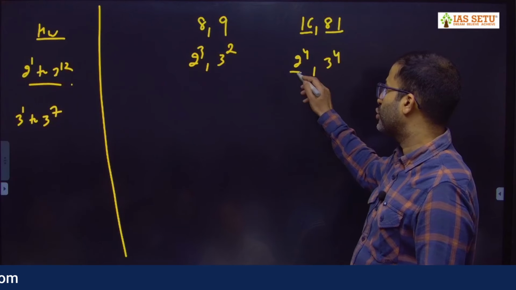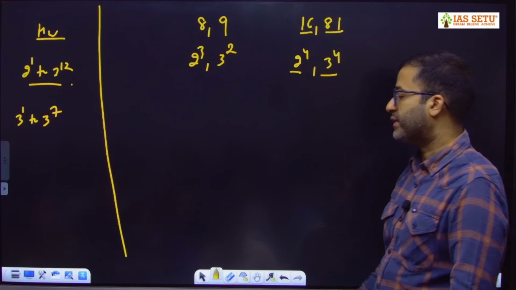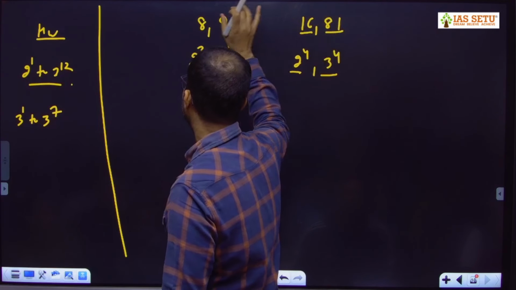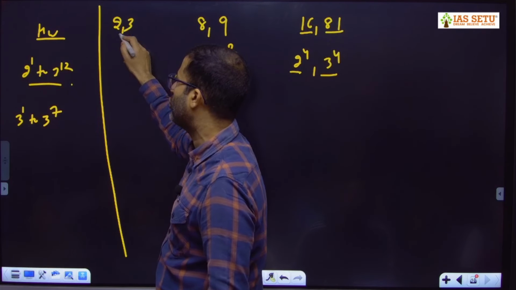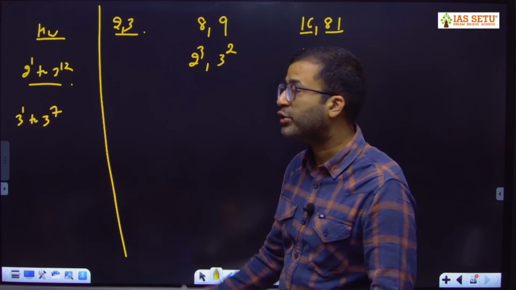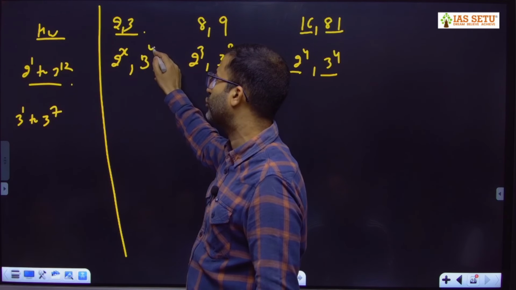So now here it is 2 to the power 4, and 3 to the power 4. See, the point is, no need to check the factors of 8 and 9, or of 16 and 81. 2 and 3 are co-prime to each other, so 2 to the power x will always be co-prime to 3 to the power y.